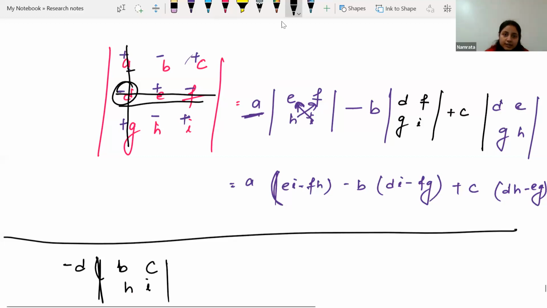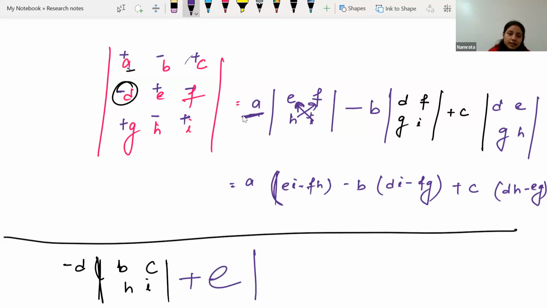Now the next element we will be taking from here only, as a positive E. Okay, like this. And then we will cover this column and this row again.